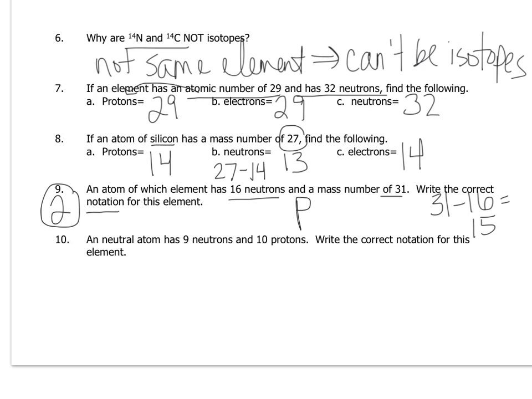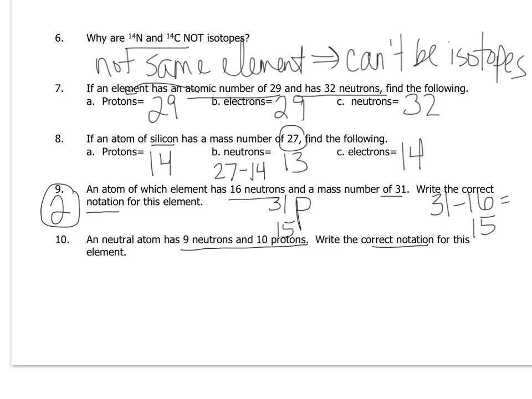Its symbol is P. I'm going to put my mass number in the upper left-hand corner. That's a 31. Put my atomic number in the lower left. That's a 15. And then finally, one more, again, correct notation. I've got 9 neutrons and 10 protons.